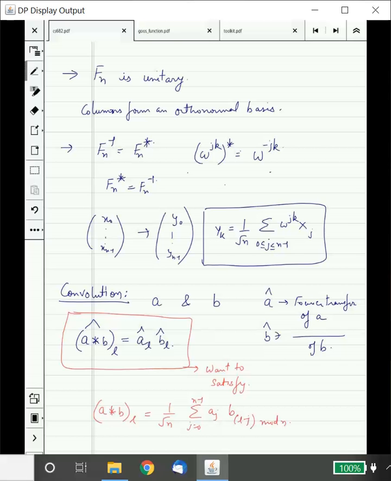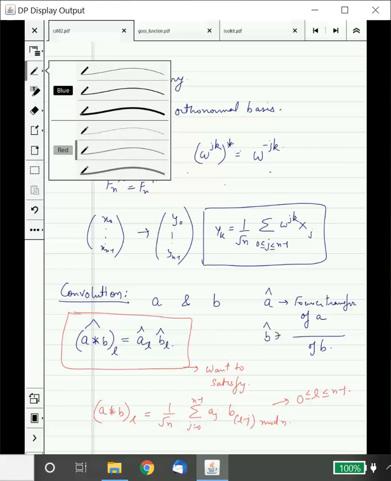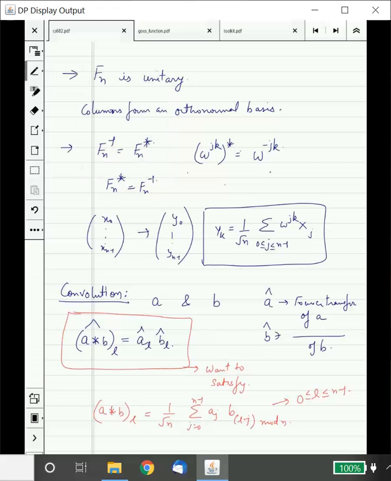It can be defined for all L between 0 and n minus 1. If we define the convolution operator like this, then it will satisfy this property, and I will leave this as an exercise. Convolution is a very important operator in Fourier transform, and this is the reason I mentioned it. It will be good to remember.